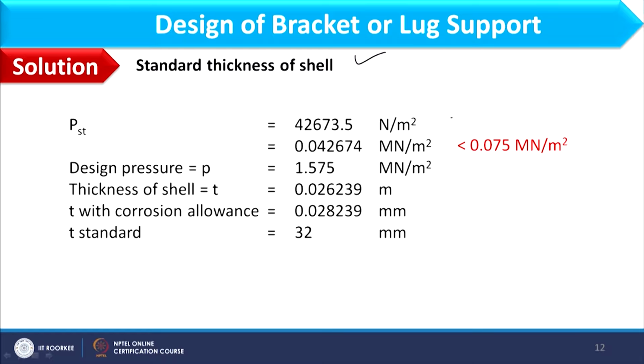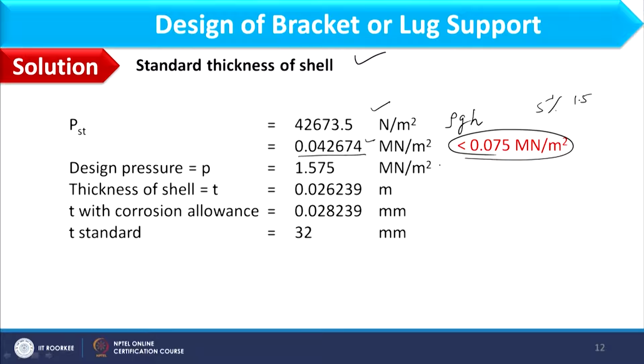So, static head would be rho gH and that can be found as 42673.5 Newton per meter square, which is equal to this much mega Newton. And when we consider 5% of 1.5 mega Newton per meter square, it comes out as this, and as this value is lesser than this, I will consider design pressure as 5% extra than operating pressure in gauge.